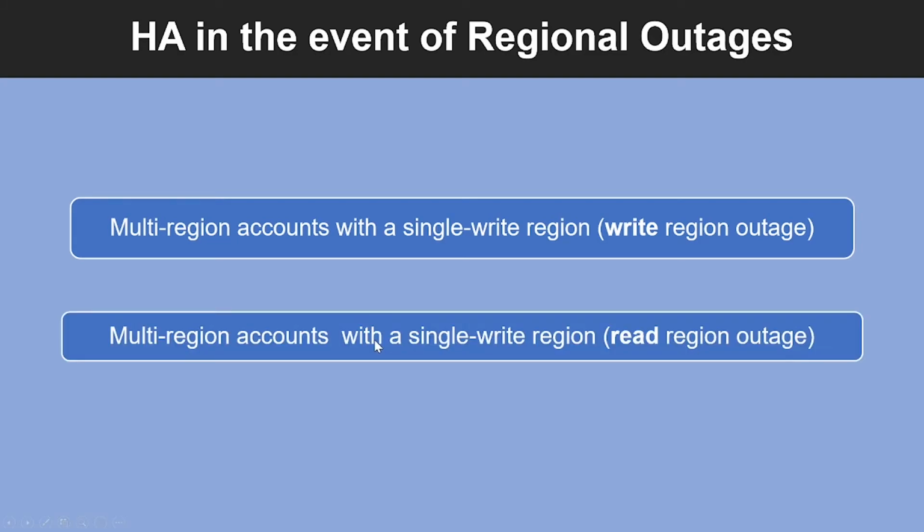What about a multi-region account with a single write region? This time it is a read region outage. During a read region outage, a Cosmos account using any consistency level or strong consistency with 3 or more read regions will remain highly available for reads and writes.